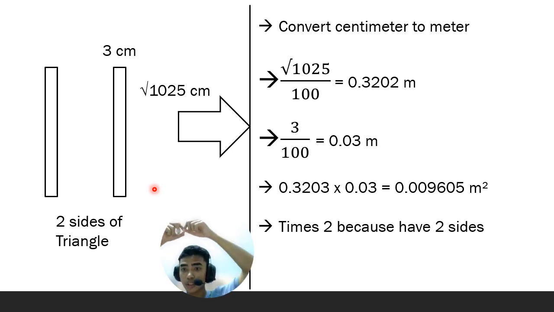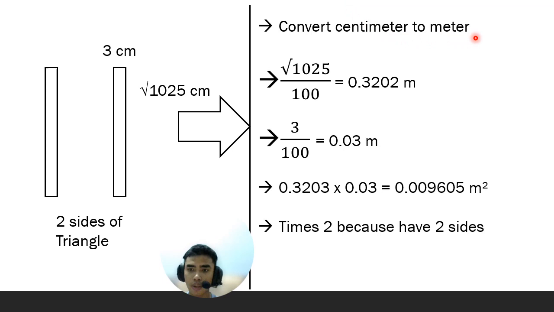Now is the width part of the triangles. We need to count that also, because it has width. The width was not counted for the rectangle, because the rectangles are joined together. But the triangles are not joined together, because there is some space, so we need to count the width also. Here we have the side of the triangle.